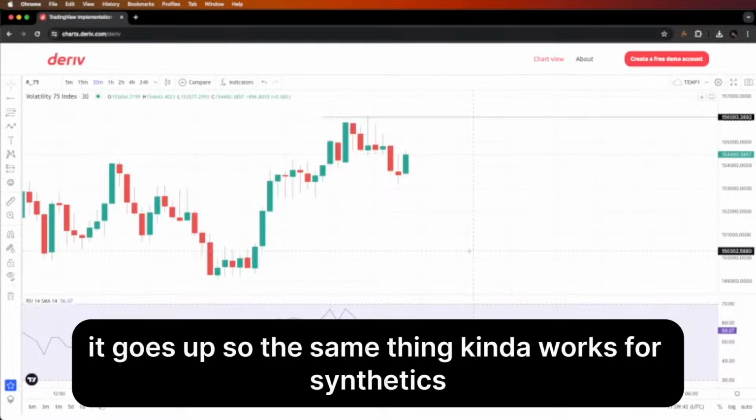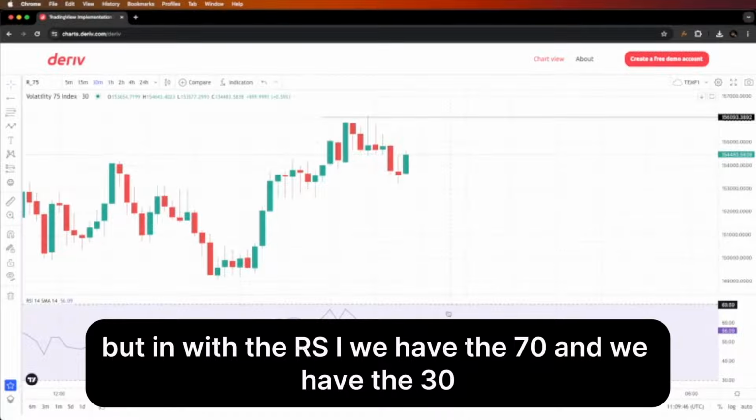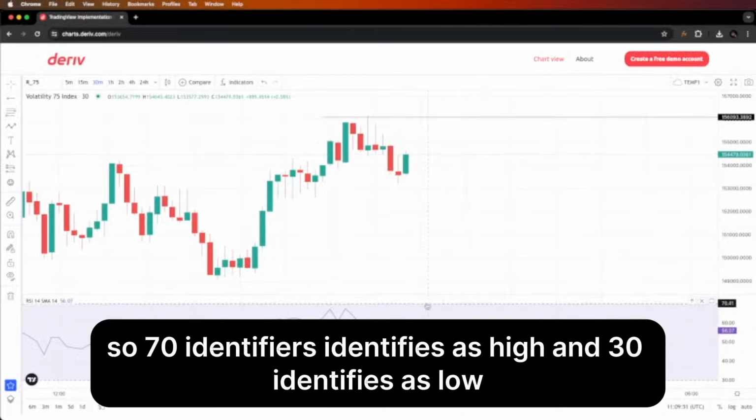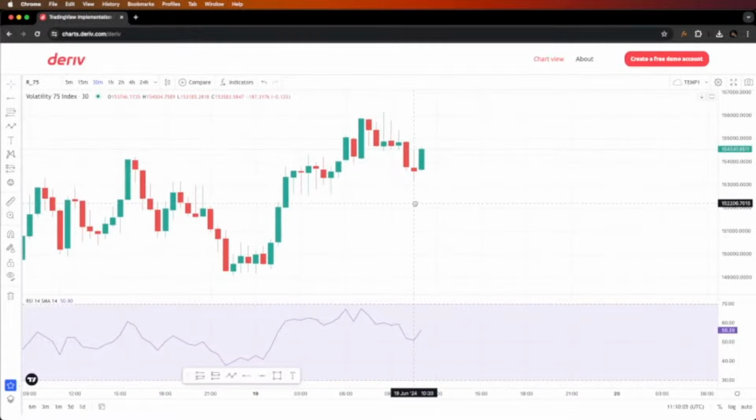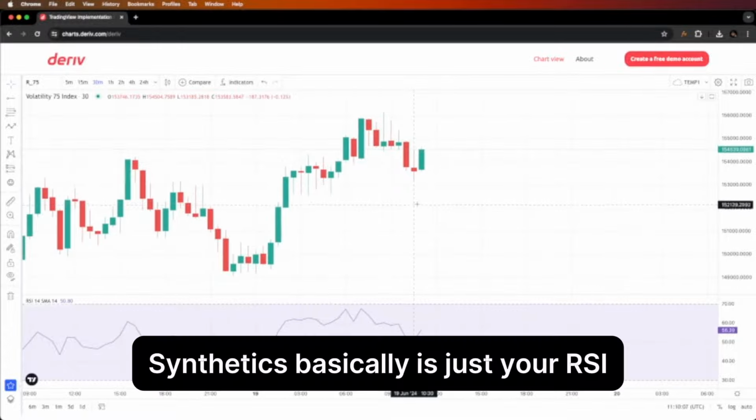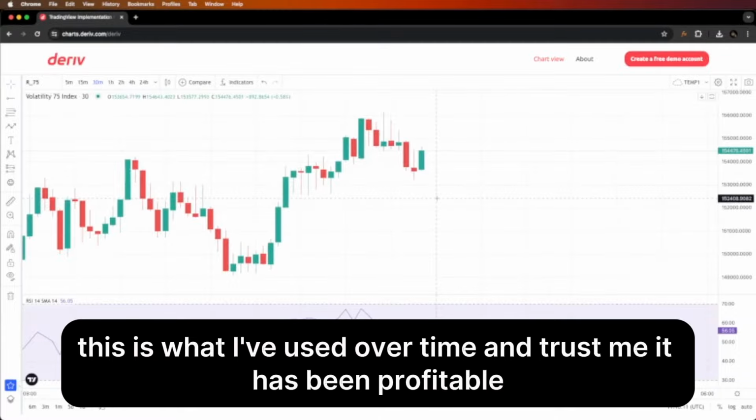The same thing kind of works for synthetics, but with the RSI we have the 70 and the 30. So 70 identifies as high and 30 identifies as low. What you need for volatility index synthetics basically is just your RSI. This is what I've used over time, and trust me, it has been profitable.